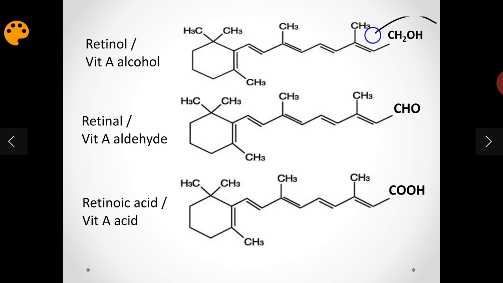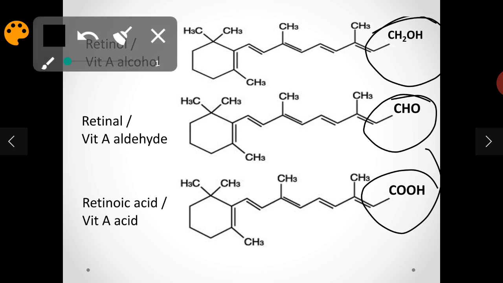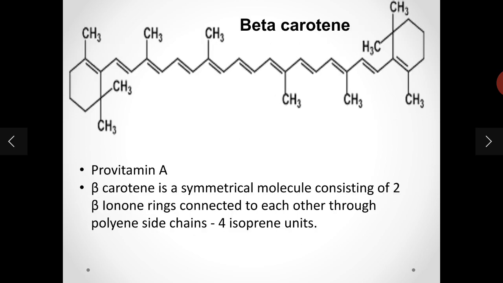So retinol is having an alcohol group as a functional group, whereas retinal is the aldehyde form of your vitamin A, having an aldehyde group as a functional group, and an acidic group as a functional group in your retinoic acid. So this is about the structures, and this is the beta carotene structure, which is a provitamin A.